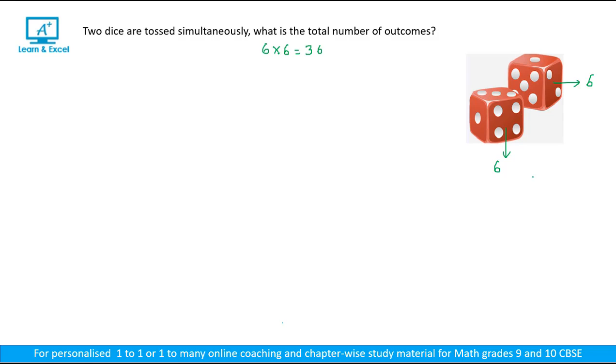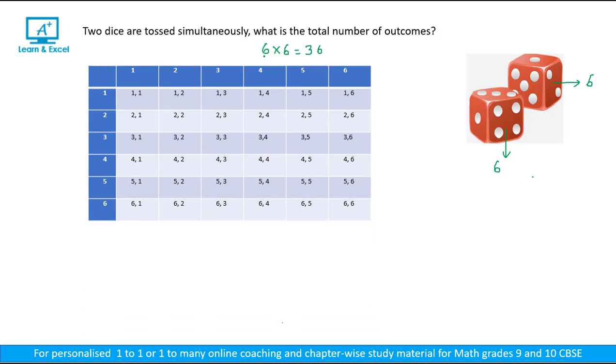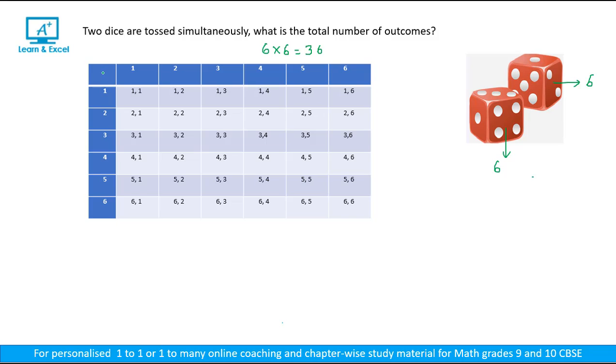Now let us understand how to write these outcomes without missing a single outcome. For this, we first draw a table. In this table, we have 7 rows and 7 columns. We write 1 to 6 in this row, and here we write 1 to 6 in this column. Let us write the corresponding numbers from the column and the row. Now suppose we want to fill this, we check the corresponding column first.